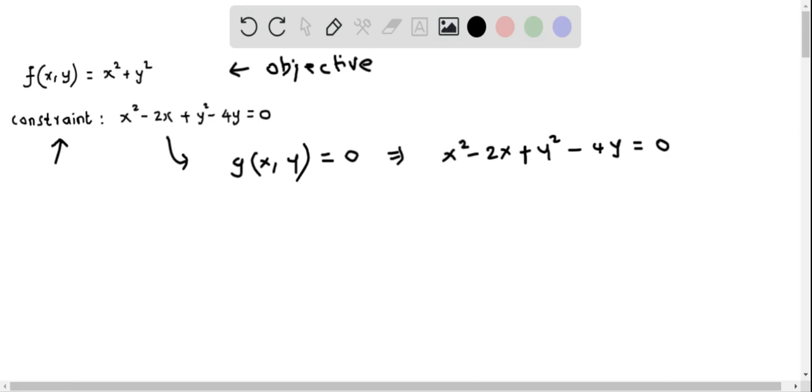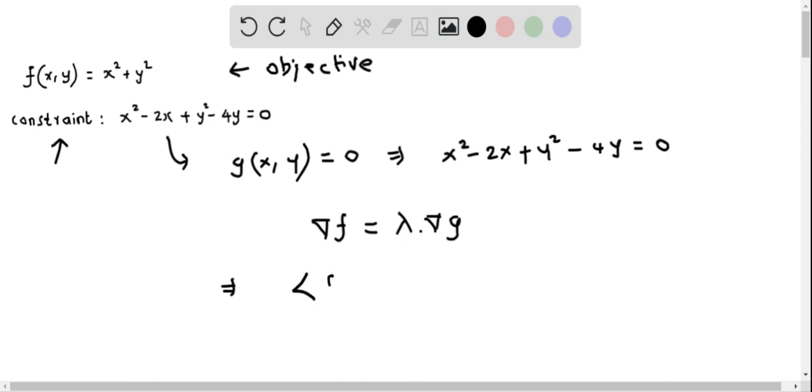We now iterate the condition that to find the maximum or minimum value of the function, it is understood that the gradient of f is parallel to the gradient of g. That is, we write this as the gradient of f is some lambda times the gradient of g. We can utilize the partial derivatives.